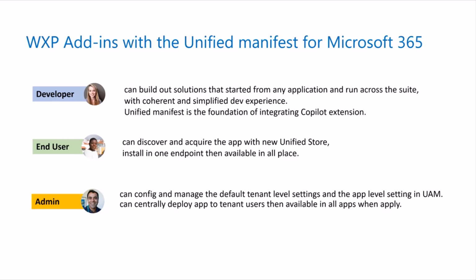So in the past several years, Microsoft has been working on a new model to unify the extensibility of M365 apps. Previously, Microsoft unified the manifest for Teams, Outlook, and Office.com apps, which means that you can create an app that can work across these three M365 apps. But now it finally comes to Word, Excel, and PowerPoint.